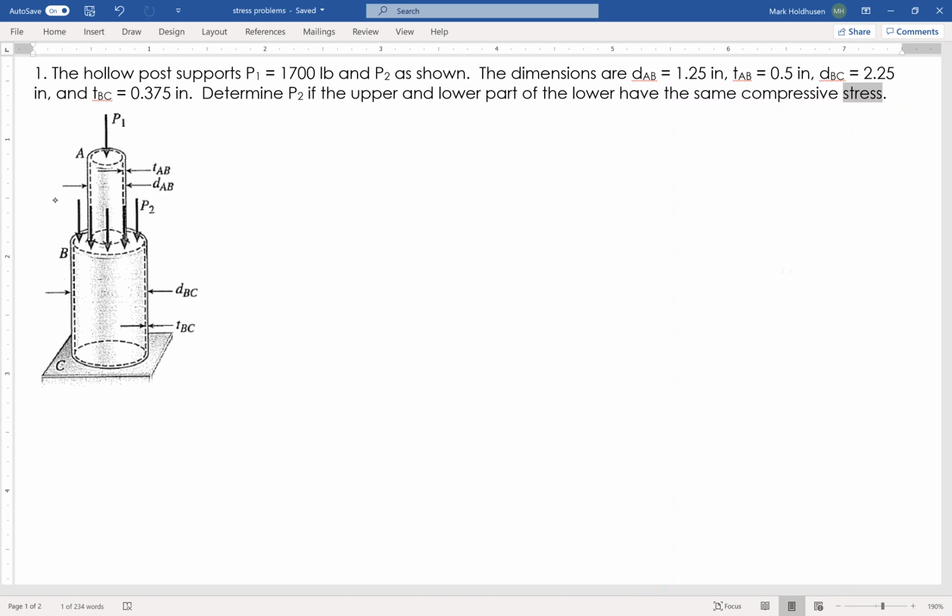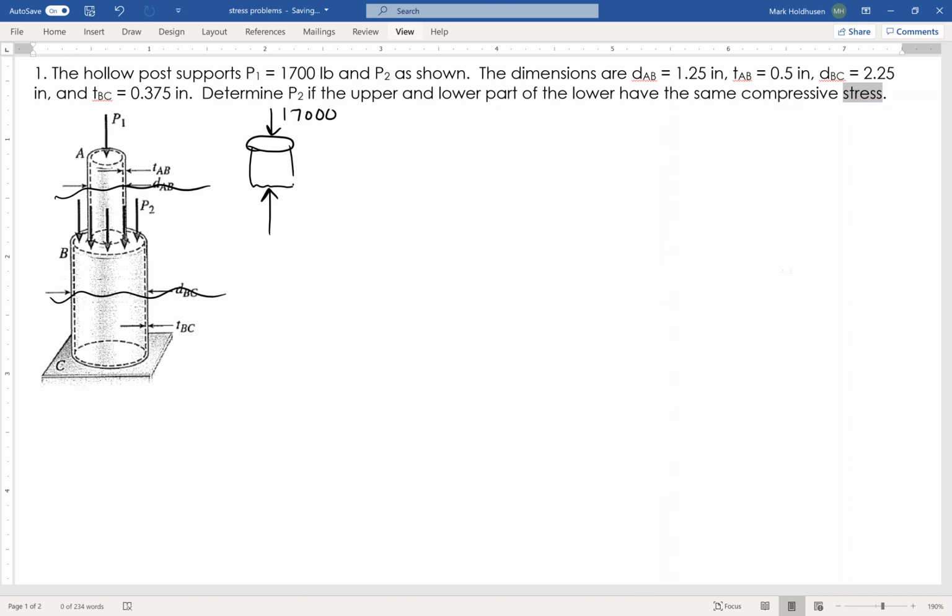To do that, I'm going to make two cuts, one through each section, and I'm going to draw those members like this. So I've got P1, which is 1,700, pushing down like so. And then I have some internal load that I'm trying to figure out.